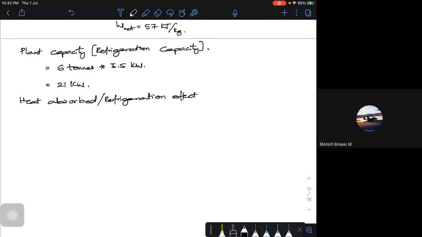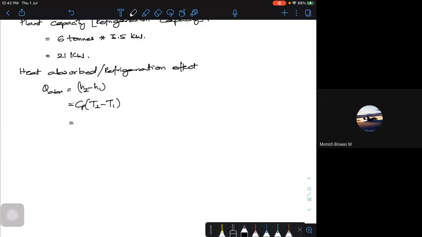Heat absorbed is equal to H2 minus H1 or Cp into T2 minus T1. So how much is Cp? 1.005 for the air, in kilojoules. So T2 is 291 minus 196. So heat absorbed, or the refrigeration effect, RE, I am getting around 95.47 kilojoules per kg.